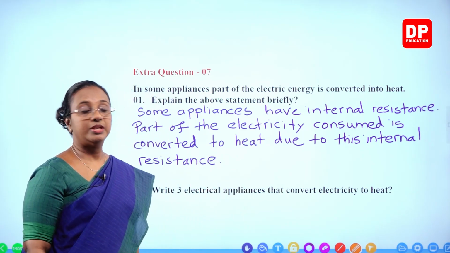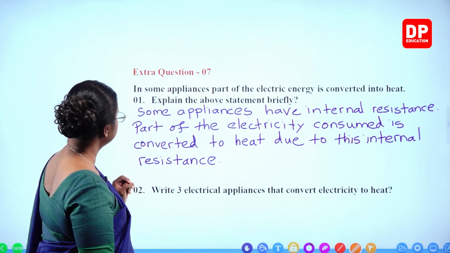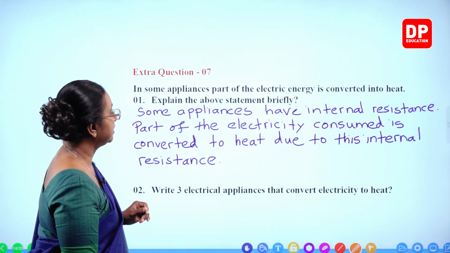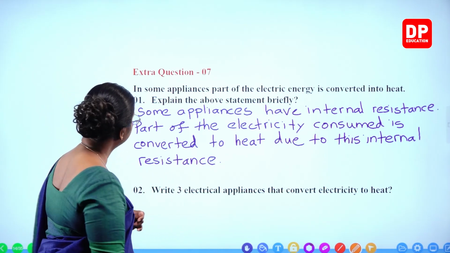That is what you need to write. Some appliances have internal resistance. Part of the electricity consumed is converted to heat due to this internal resistance.